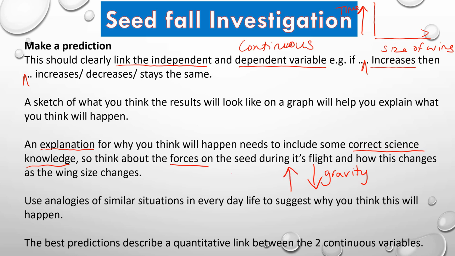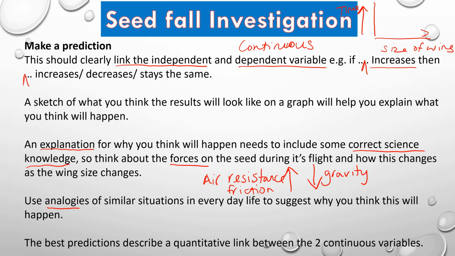Because of a big surface area. So we use these words: gravity is the force going down, and air resistance or friction is the force that goes upwards, okay, and stops the seed falling as quick as it could do.